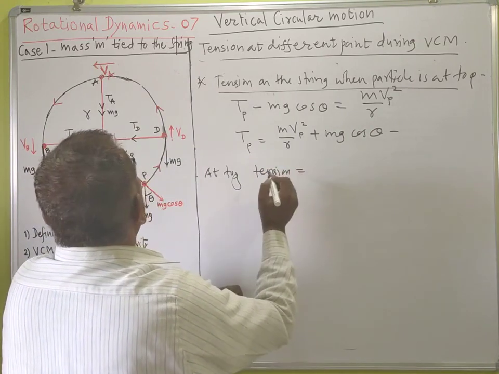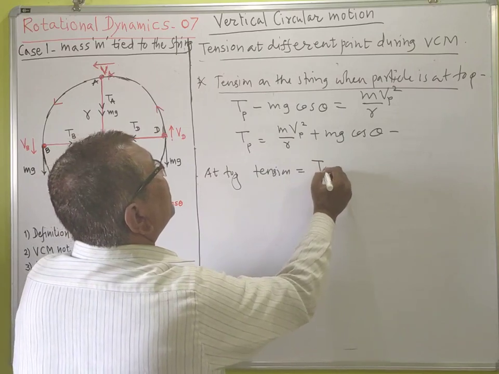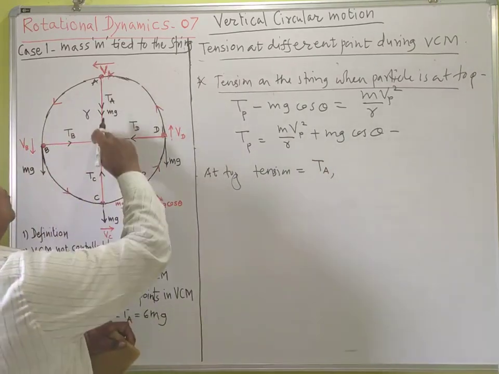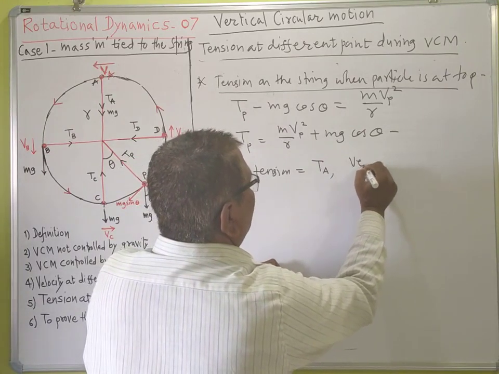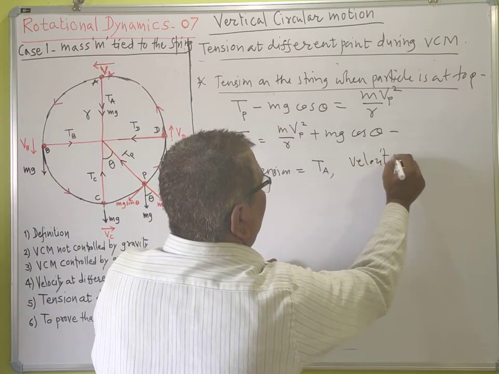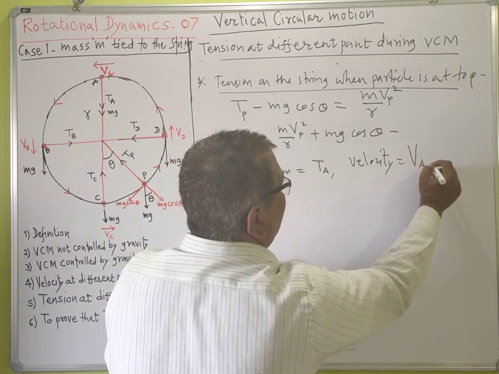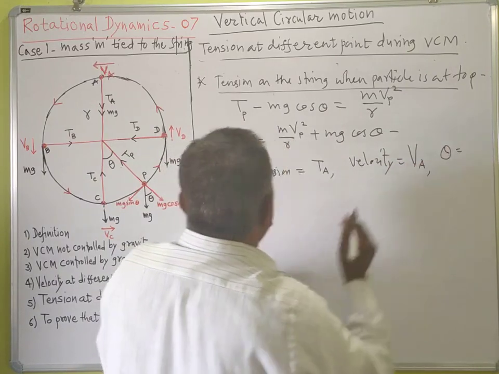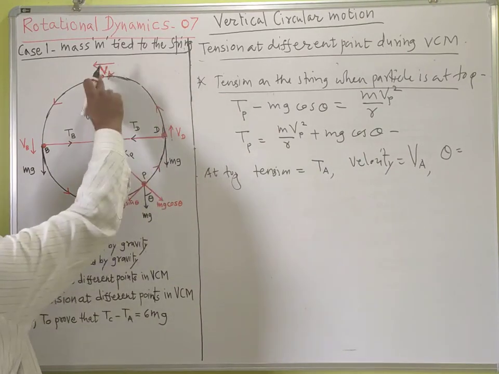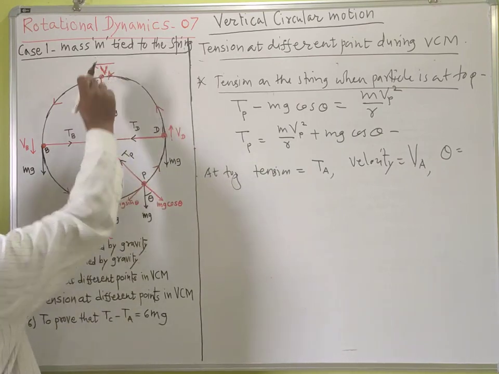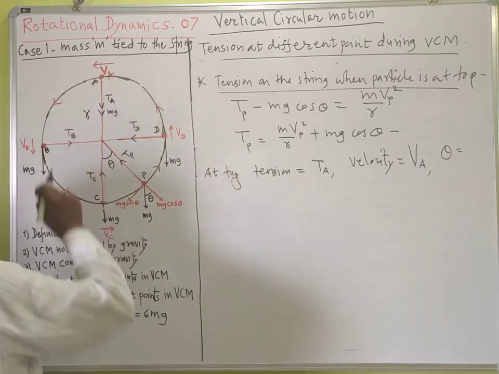At top, tension equal to Ta, velocity equal to Va, and theta is equal to how much? See here, the particle is moving from bottom to top, the angle becomes 180 degree.